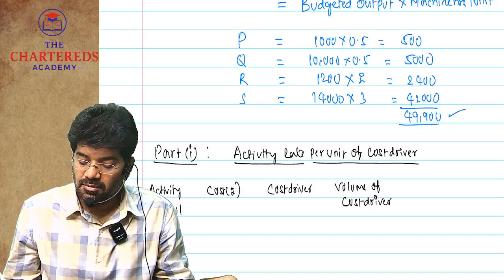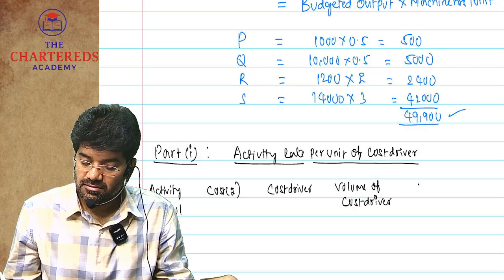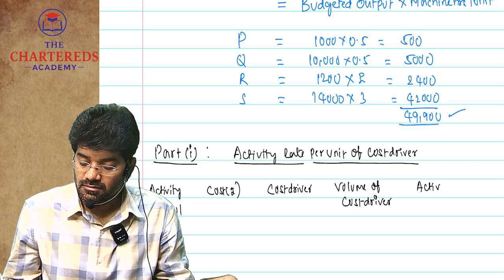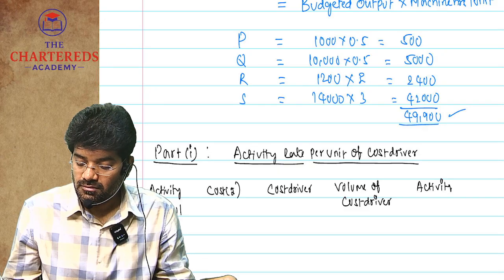Then the rate per unit, the activity rate.